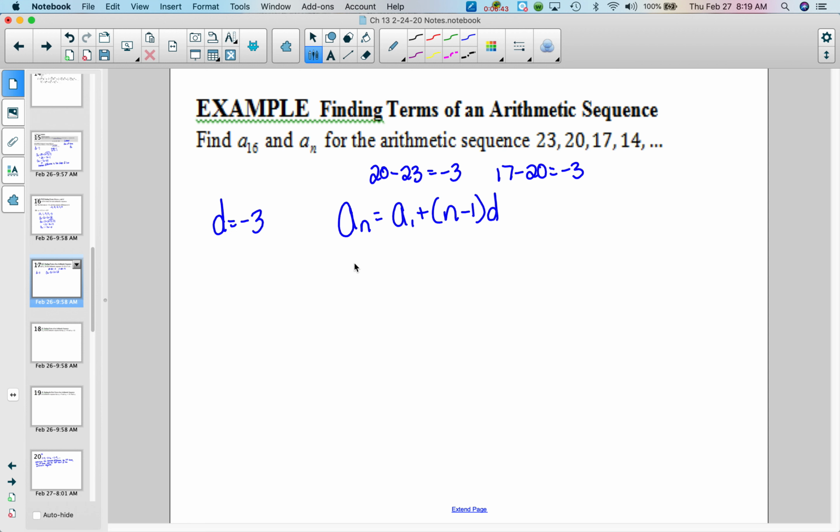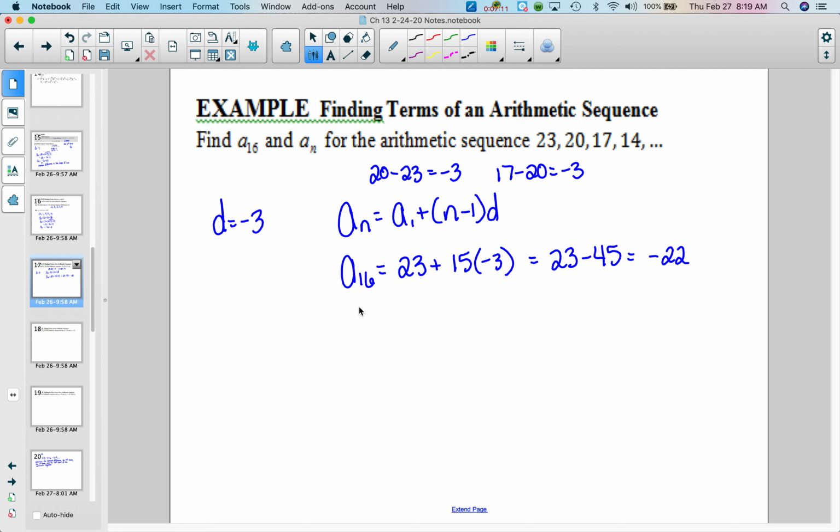So a sub 16 is a sub 1, which is 23, plus n minus 1. Well, remember here, n is 16. So 16 minus 1 is 15 times my common difference. So I get 23 minus 45. So then my answer is negative 22.